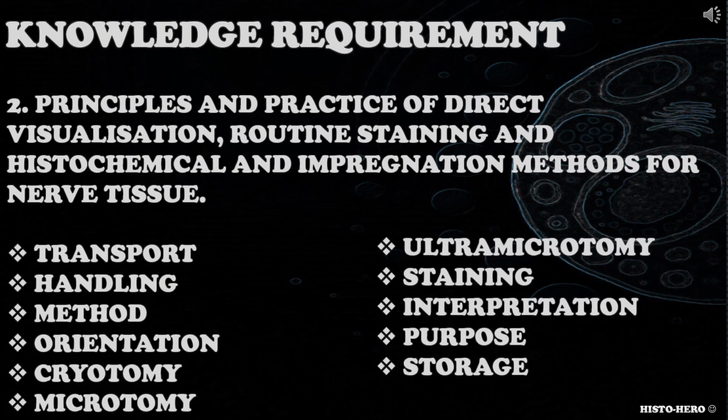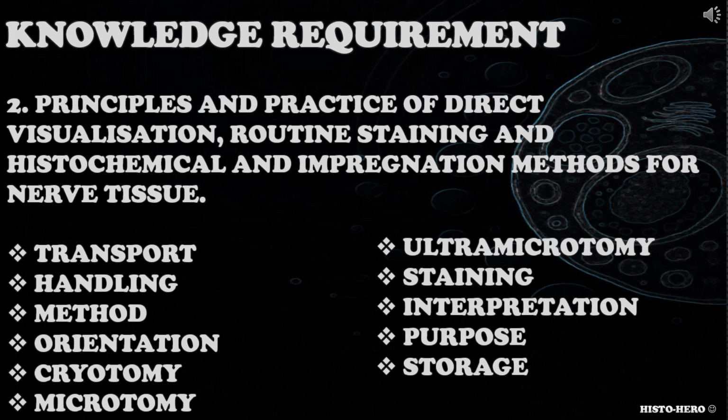The second knowledge requirement is for you to know the principles and practice of direct visualization, routine staining, and histochemical and impregnation methods for nerve tissue. What are the principles and practice of direct visualization of nerve tissue? What direct visualization techniques can be used for nerve tissue? What routine, histochemical and impregnation methods can be used for nerve tissue?